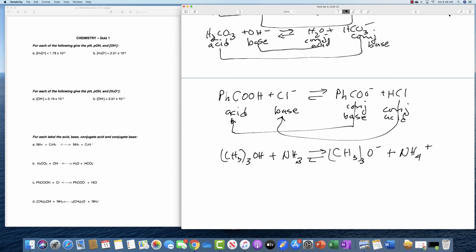If we look at this, this loses a hydrogen, so it's an acid. This gains a hydrogen, so it's a base. Going back in the opposite direction, when this goes back to here, it loses a hydrogen, so it's the conjugate acid. And this going back this way gains a hydrogen, so it's the conjugate base.